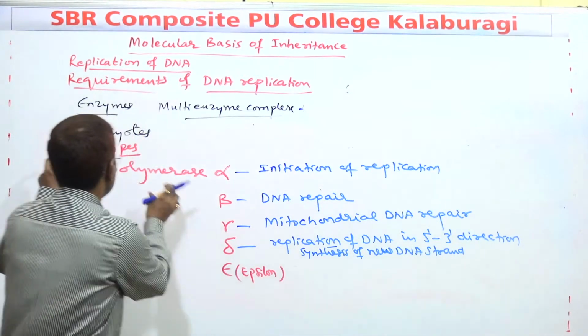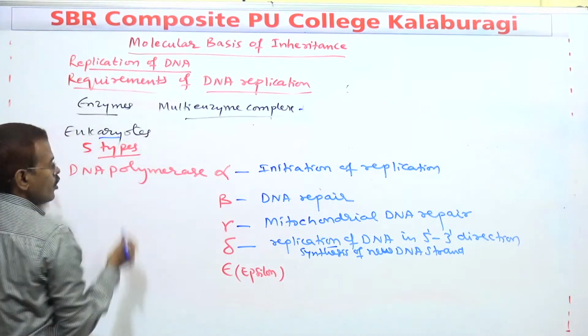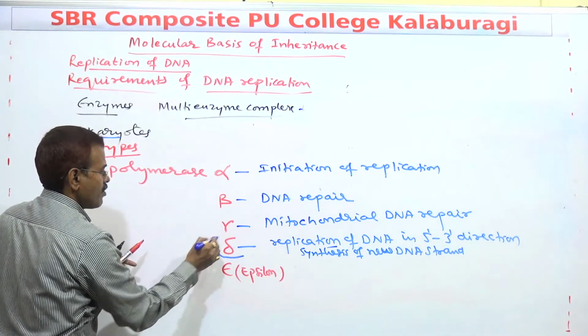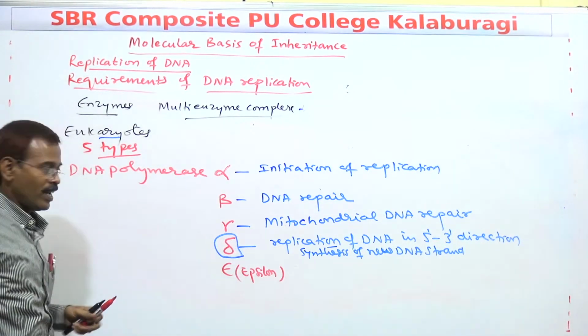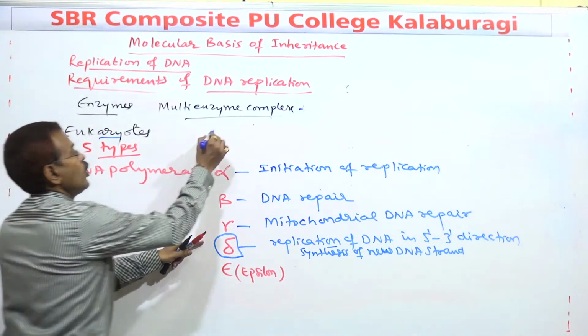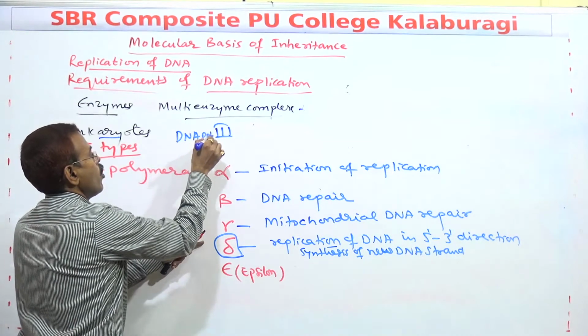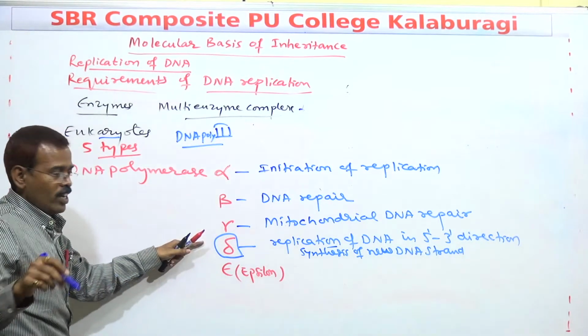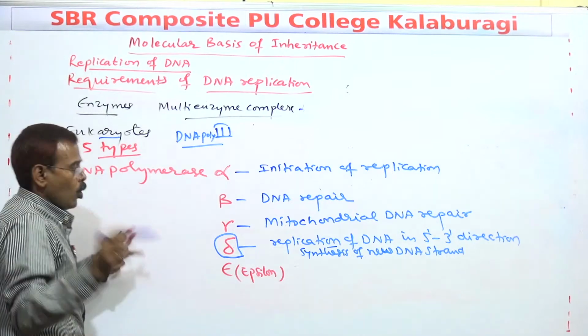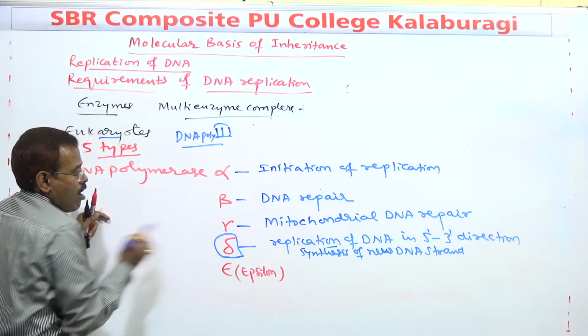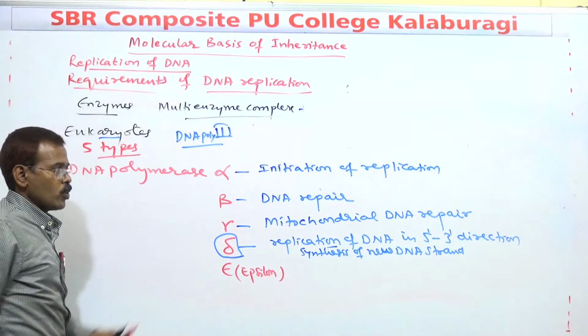So in eukaryotes, you have DNA polymerase delta. Remember, DNA polymerase delta is equivalent to DNA polymerase 3 of prokaryotes. Whatever role DNA polymerase 3 plays, the same role DNA polymerase delta will play in eukaryotes.